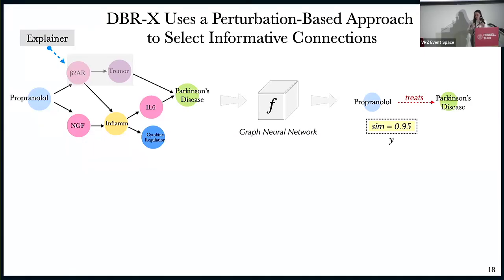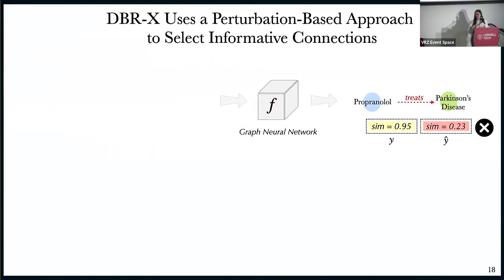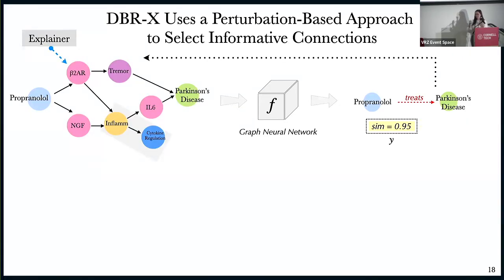So let's say that you remove this from your subgraph, and you pass it through your GNN, and you see that there is a drop in the performance, meaning that what you removed was actually important, and you shouldn't remove it, right? So perturbation-based models iterate multiple times on the graph until they find the minimum number of components that keep your original prediction.